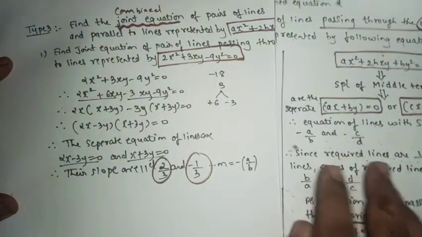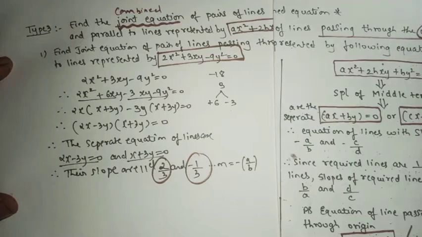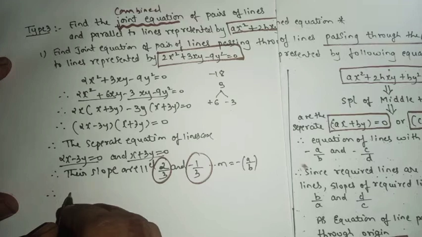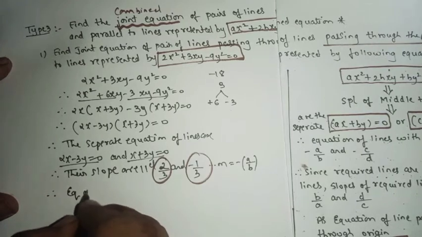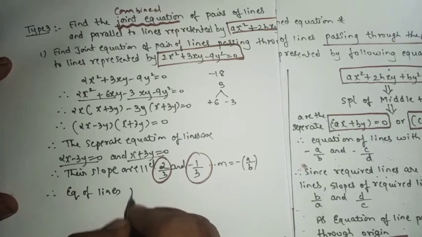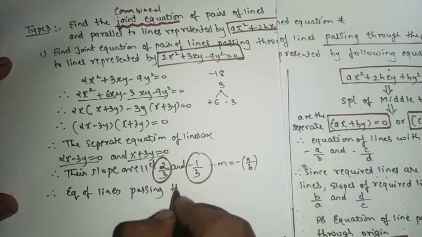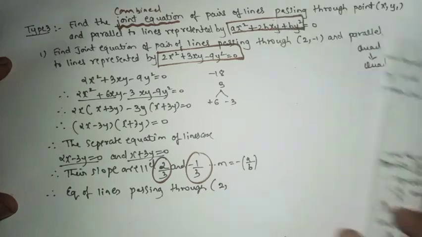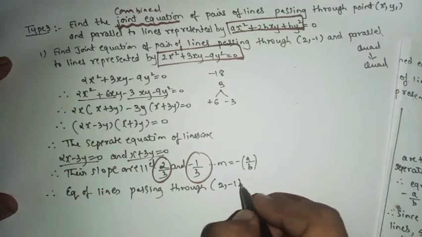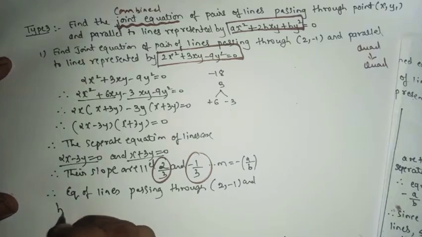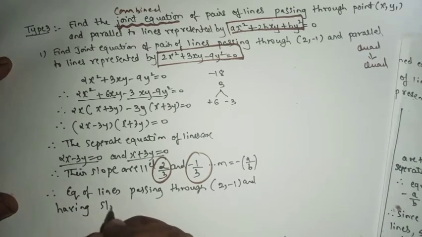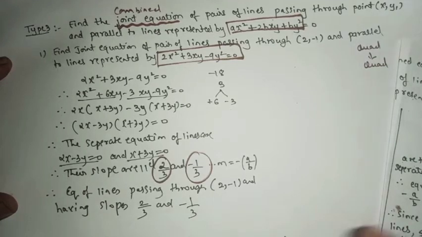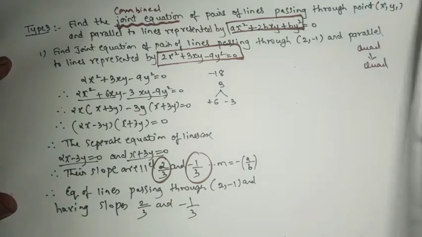Now, as the equation of line is passing through the point 2 comma minus 1 and having slopes 2 by 3 and minus 1 by 3. As it is parallel, we'll keep the slope as it is.